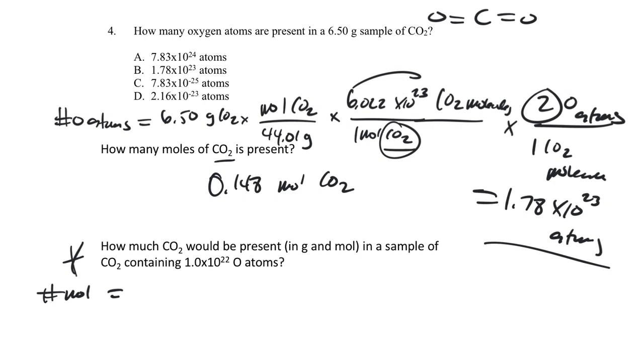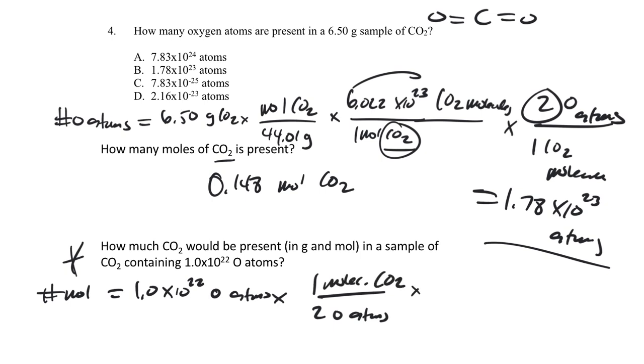If we start with the given quantity, 1.0 times 10 to the 22 O atoms, the key is that those oxygen atoms are all linked to atoms per molecule of CO2. So there's 2 O atoms for every 1 molecule of CO2. And then there's 6.022 times 10 to the 23 molecules of CO2 in 1 mole of CO2.